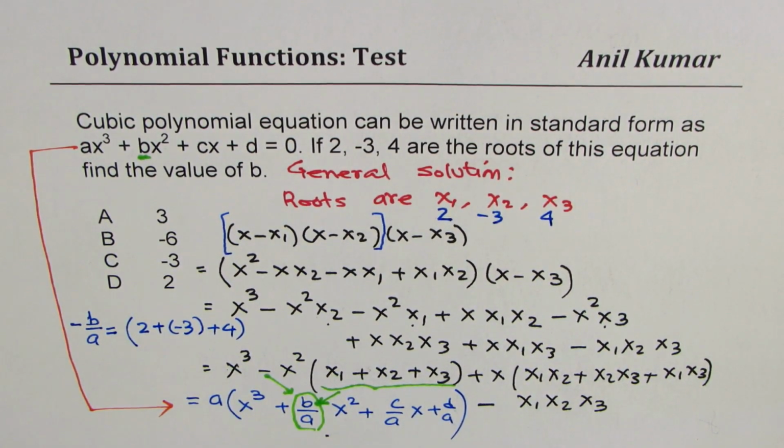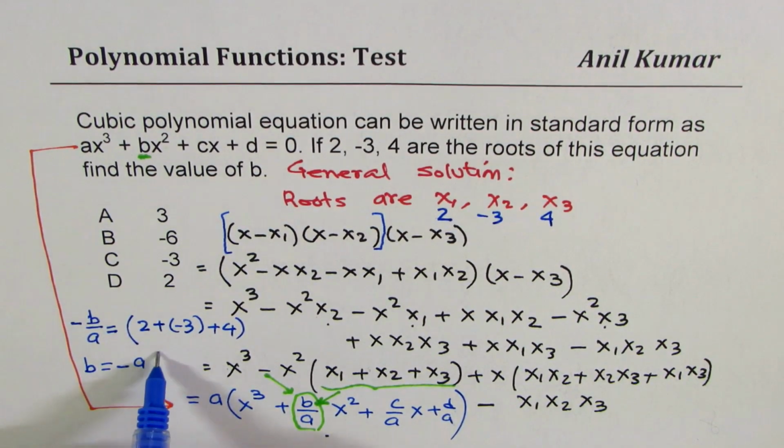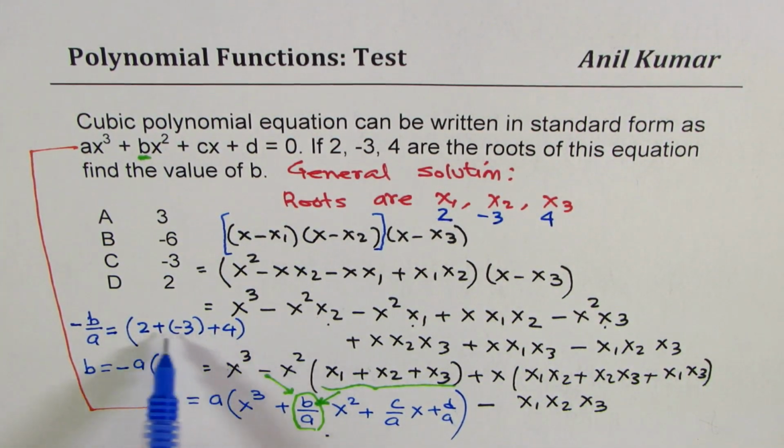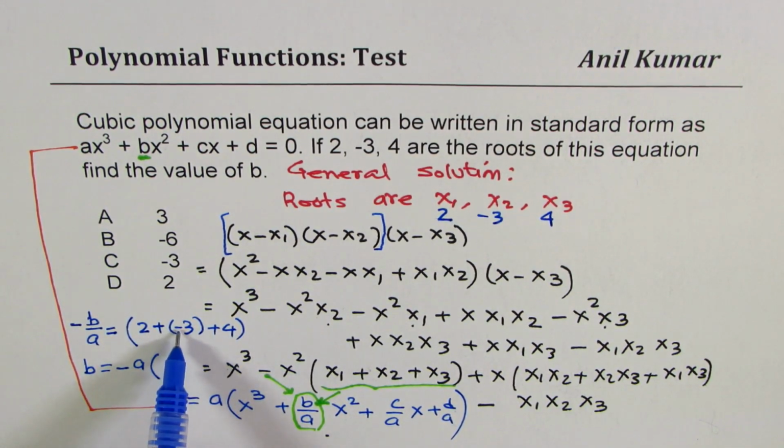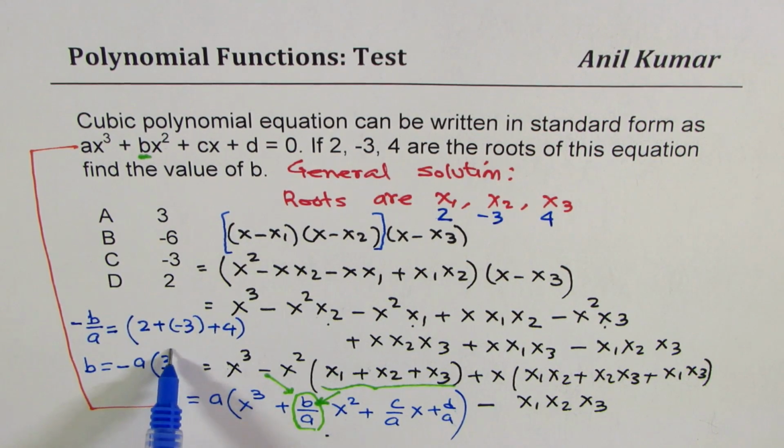So b could be minus a times all this when you add them. You get 2 plus 4 as 6, 6 minus 3 as 3.